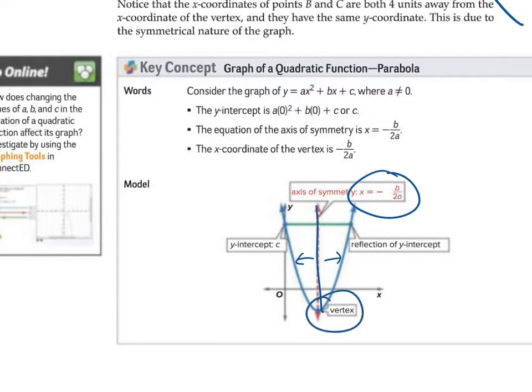And then your vertex will sit on the line of symmetry, and it will be the lowest point if it's a right side up parabola. If you have an upside down one because you do a vertical flip over the x-axis, then that point will be your local maximum. Actually, it will be your global maximum because that will be your biggest value in the whole function.